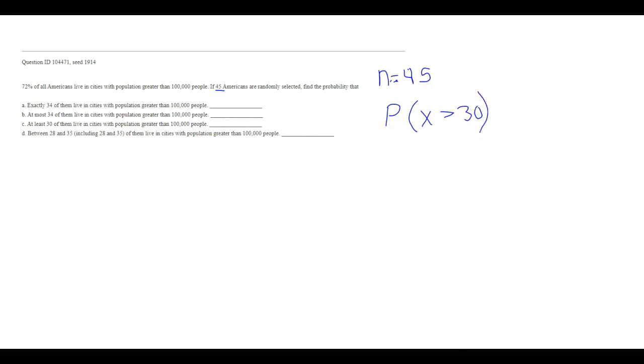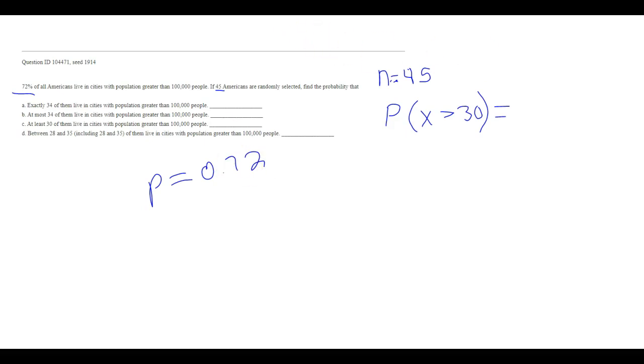So 30 or more live in the cities with populations greater than 100,000. All right, so using our calculator, we can calculate this. We're given our probability right here. So my p is 0.72.